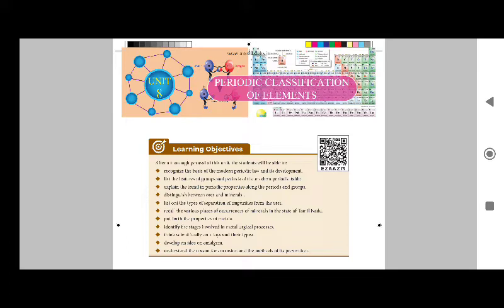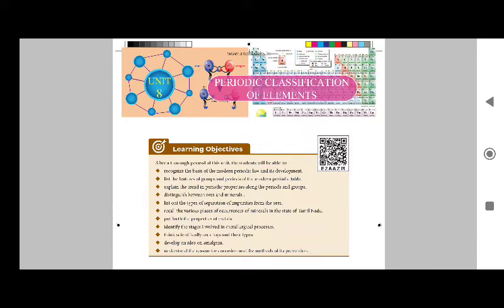Each one of us is unique. Similarly, elements can't be the same. But similar is different from same. More or less, that's it.